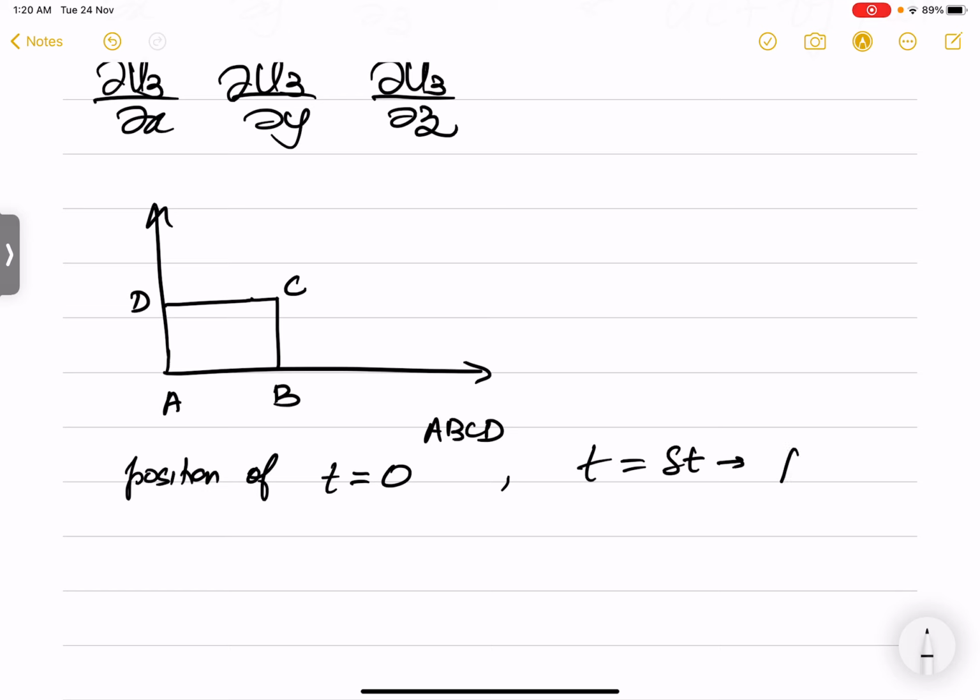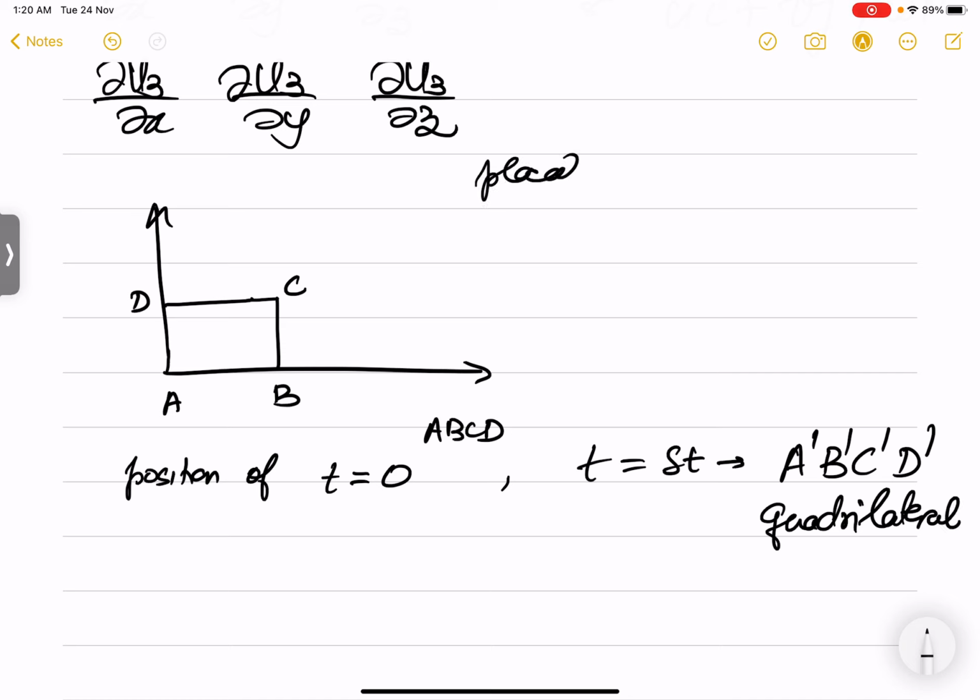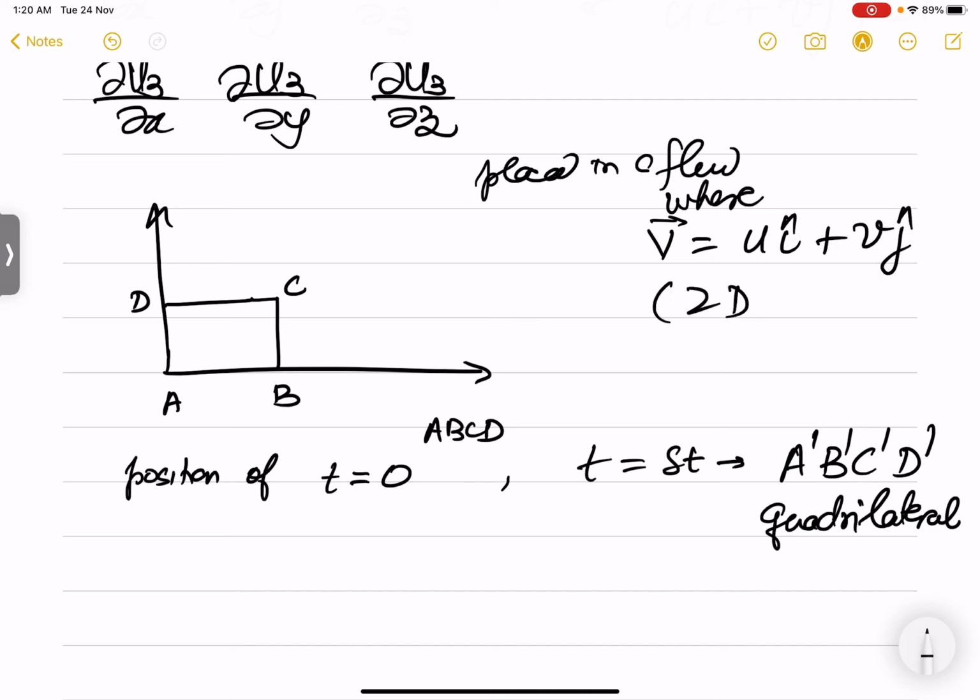At t is equal to delta t, this becomes A prime, B prime, C prime, D prime, and this becomes a quadrilateral. And this is placed in a fluid. So we are talking of a fluid where the velocity field V is equal to Ui plus Vj. That means, to illustrate this physically, we are taking a two-dimensional case and we will extend it to 3D.